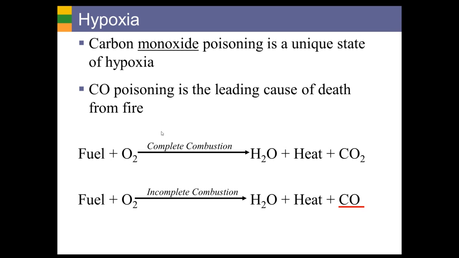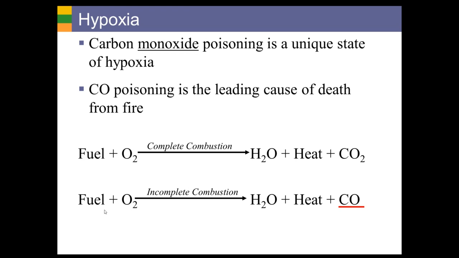Carbon monoxide is the leading cause of death from a fire. Usually when people die from a fire, it's not because they got severe burns, but because of smoke inhalation associated with carbon monoxide poisoning. Carbon monoxide is created from incomplete combustion. Usually oxygen is not unlimited when there's a fire.